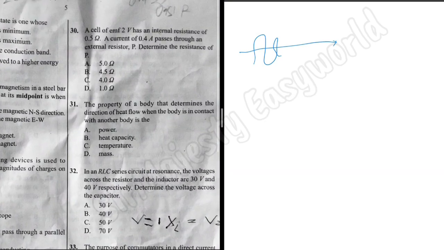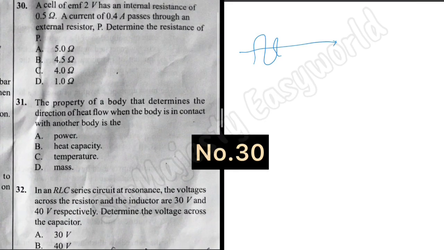So the next question I'm going to go to is, a cell of EMF 2 volts has an internal resistance of 0.5 ohms. A current of 0.4 amperes passes through an external resistor P. Determine the resistance of P. Remember that the formula relating to internal resistance is E = I(R + r).